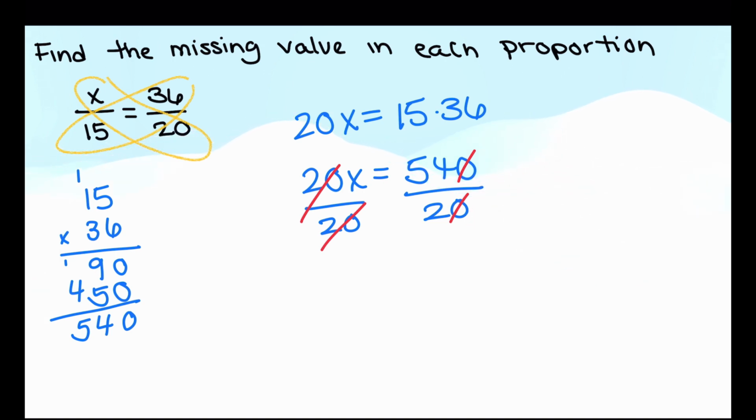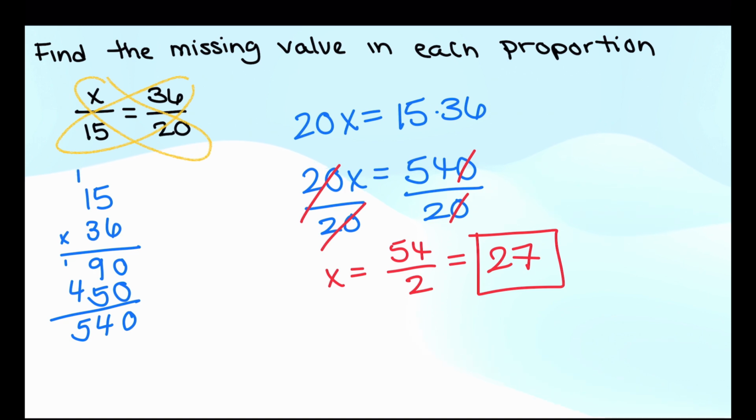Before I do this division, since both of these numbers end in 0, they're both divisible by 10. So I'm just going to cancel out a 0 there, divide both those numbers by 10. So now I've got x equals 54 divided by 2, which is 27. And that's my final answer. X is 27.